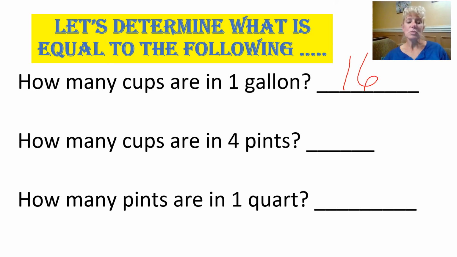How many cups are in 4 pints? All right, I go back to my body again and I say 1, 2 pints, 3, 4. So I know that there are 4 cups in these 2 pints, and I know there are 4 cups in these 2 pints, so I have 8 cups in 4 pints.